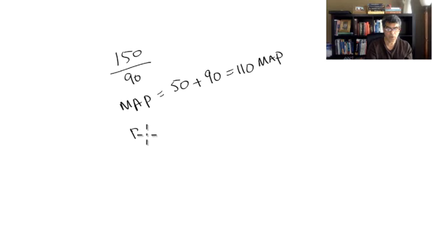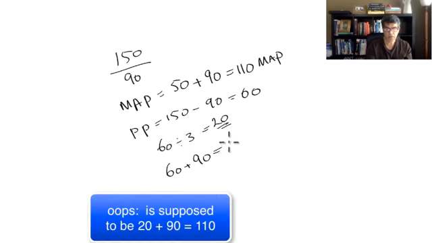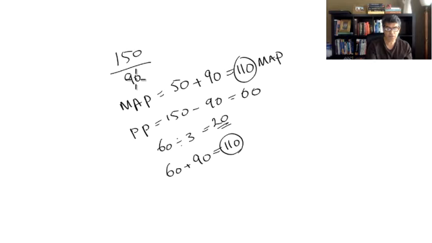Or I can get pulse pressure, which is 150 minus 90, which is 60, and then divide this by 3, which is 20. That is my 1/3 of pulse pressure, and I'm going to add it to diastole. That also brings me to 110. So there are two ways to get mean arterial pressure: 1/3 of systole plus 2/3 of diastole, or take your pulse pressure, divide by 3, and then add it to the diastole.